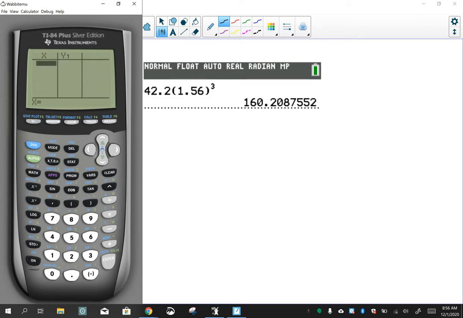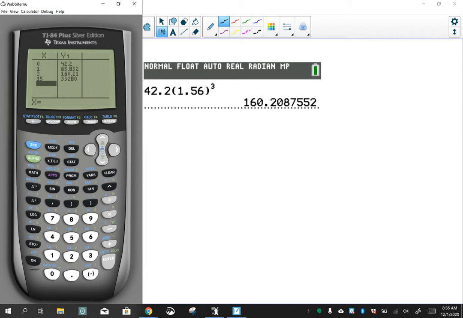So if the first question says, when x equals 0, then you type in 0. If part B says when x equals 1, then you'll type in 1. If part C says in 3 hours, you type in 3. And if part D says 15 hours, you type in 15. And there, all your answers are right there. And all you have to do is just transfer those over.